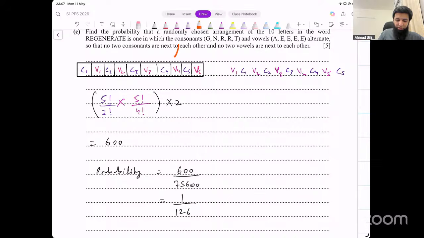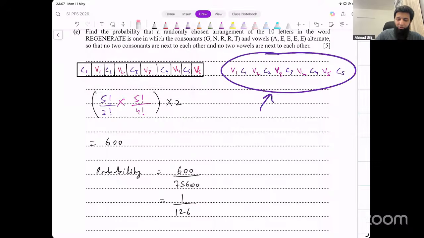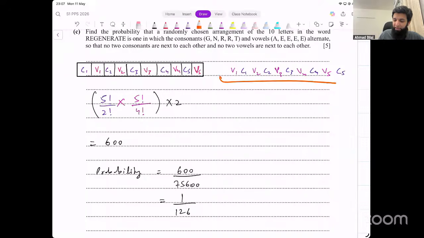Now, this is one possible arrangement. Another possibility could also be that we start with a vowel instead of a consonant. So we have a vowel on the left side, consonant on the right side. This could be another possible arrangement. It will have exactly the same number of possible ways. So what we found for the first case, we multiply that by 2. And that gives us the result.